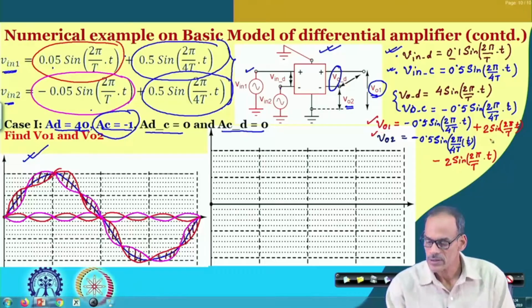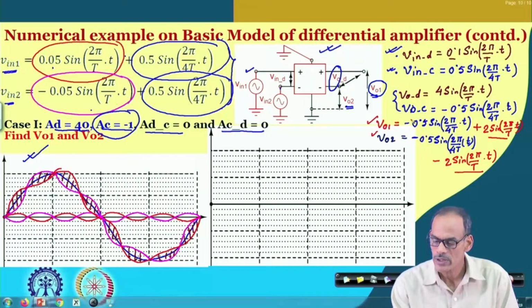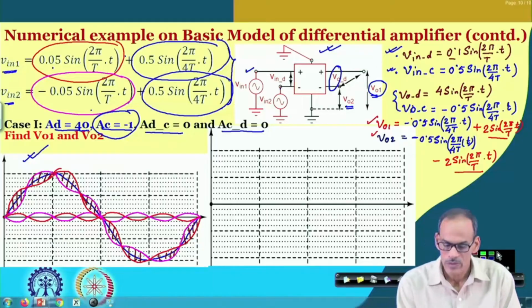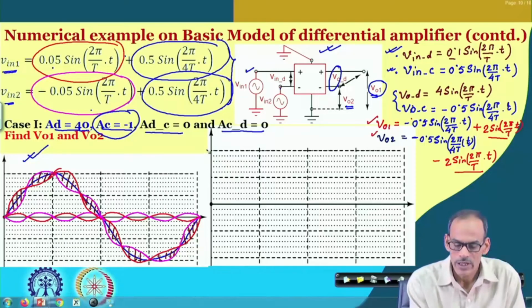Now, we can see that this red part is the wanted or desired part, and along with that we do have the unwanted part. Let me use the same scale, namely we consider this scale as 2, 1, this is 0 and so on.